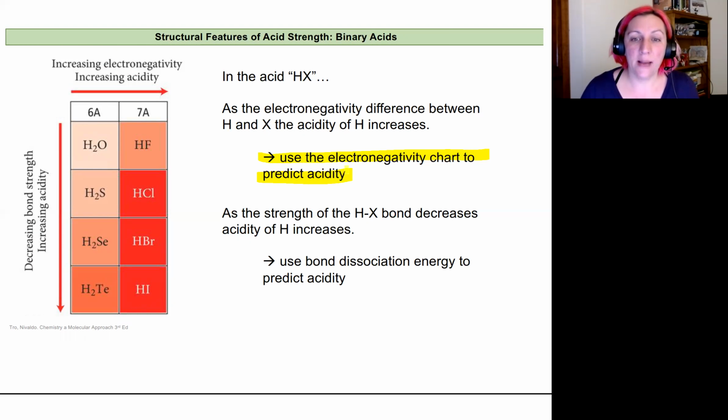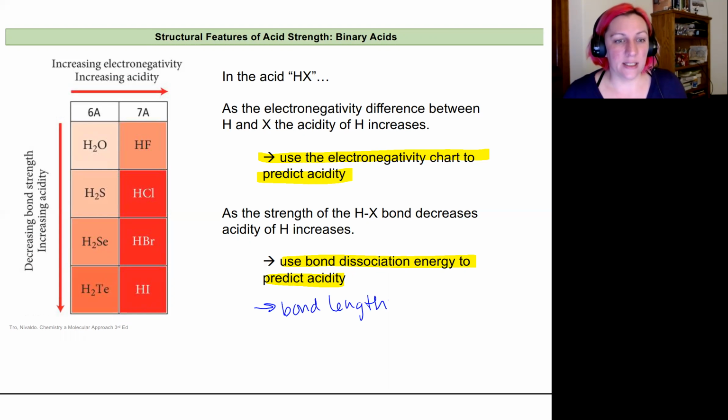And then we'll look at bond strength by looking at bond dissociation energies. We can also use size to help predict this. As well, we can use bond length if we need to. It can be a helpful tool. And so these are the pieces of information that we can go into it. So we see as that bond dissociation energy decreases, that bond strength decreases, and we'll be able to see an increase in acidity.